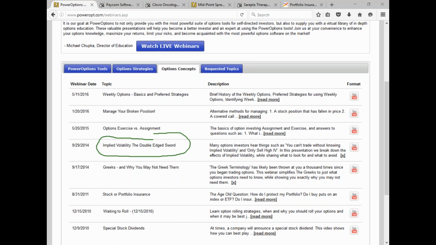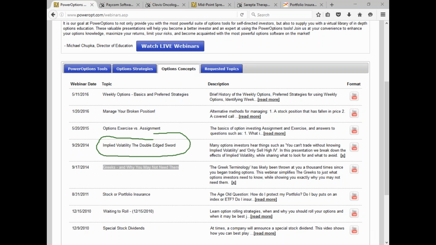Or, even worse, the IV over HV, the market points to it as being an undervalued option based on the IV ratio and Black-Scholes ratio. Well, do I care what the rest of the market thinks? If I'm neutral to bullish on this stock, and I have the return I want, the probability I want, and the credit that I want, does it matter to me? If the stock stays up, that put is going to expire and I'm going to make my premium, which is what I want. I don't care if the rest of the market thinks it's undervalued. That's the position that matched my criteria. That's what we discuss a little more in the Greeks and why you may not need them.